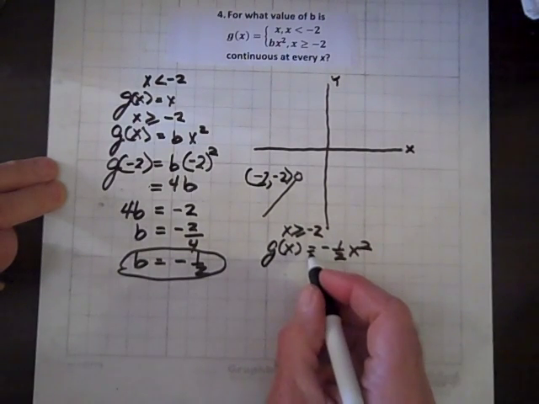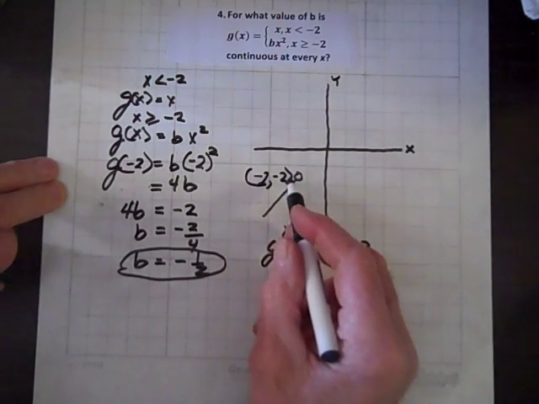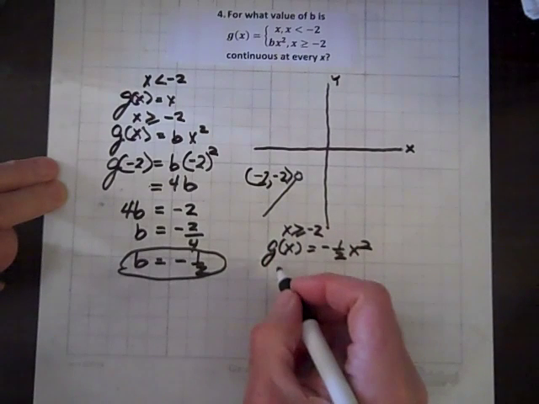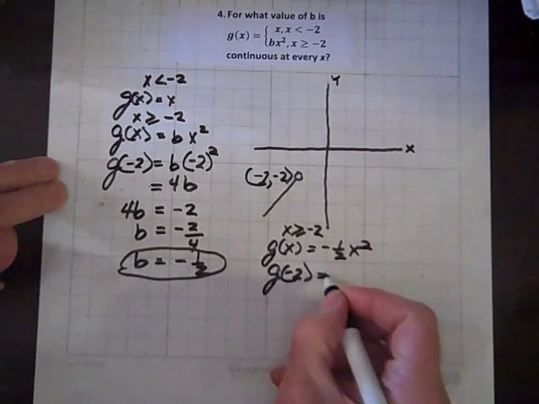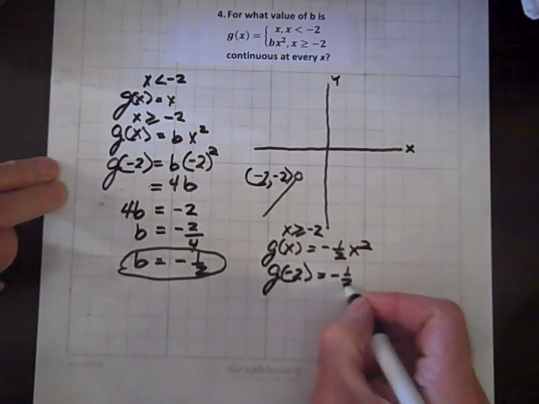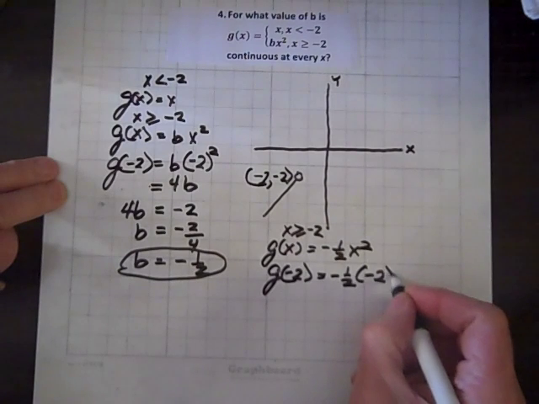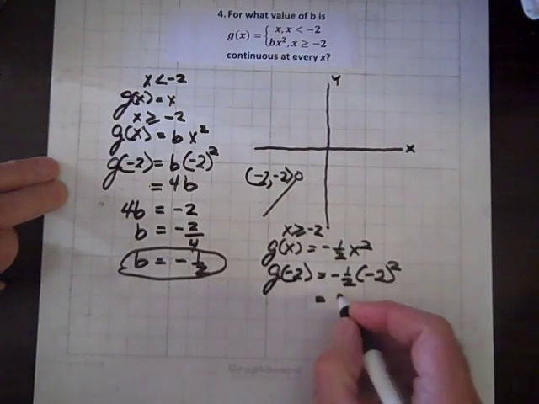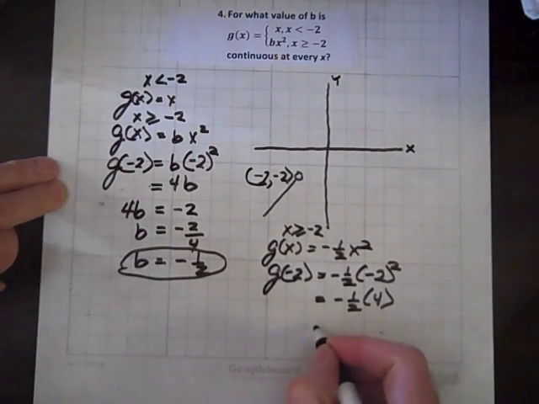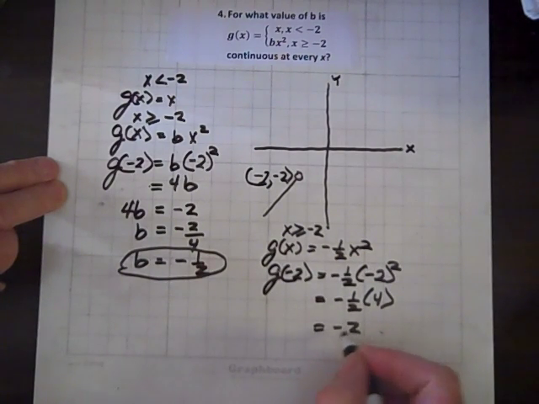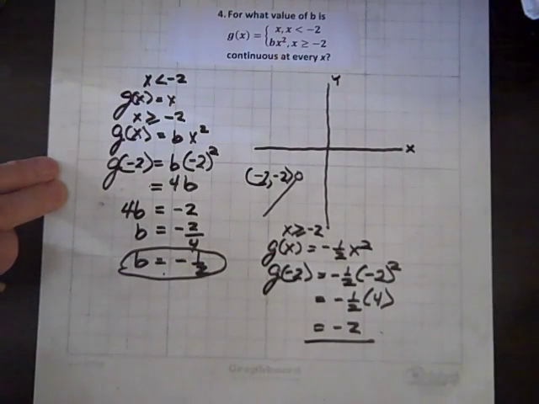And let's put a negative 2 in here for x and make sure we get a negative 2 back for y. So g of negative 2 equals negative 1/2 times negative 2 squared, which equals negative 1/2 times 4, which equals negative 2. And bingo, that's what we needed. So b equals negative 1/2.